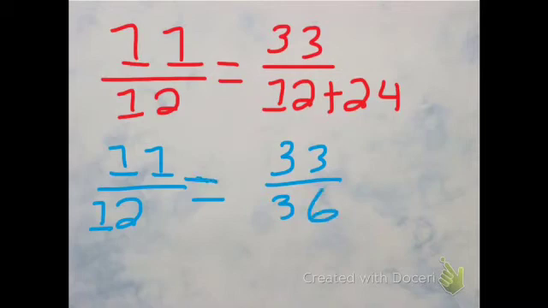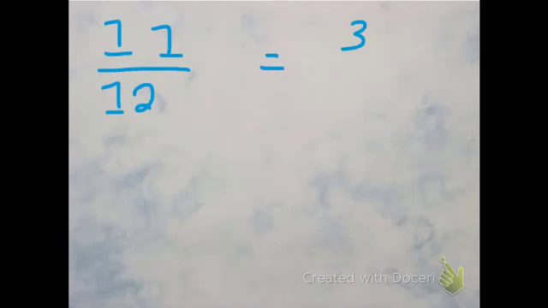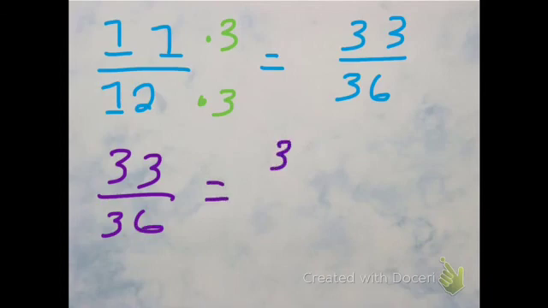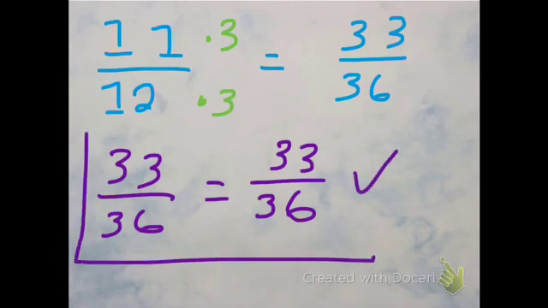As you can tell, we have two fractions here. To check this, you could multiply 11 and 12 by 3. So here you multiply by 3, and here you multiply by 3. Now you have 33 over 36 equals 33 over 36, so that's correct. That's how you show check work for proportions.